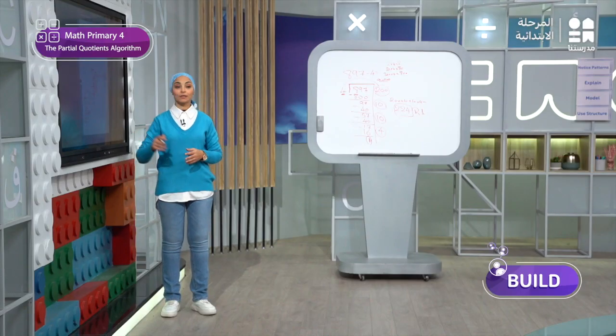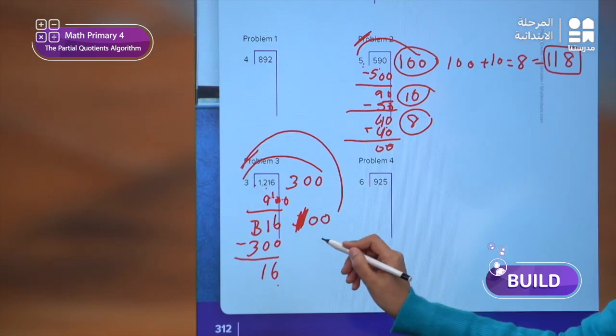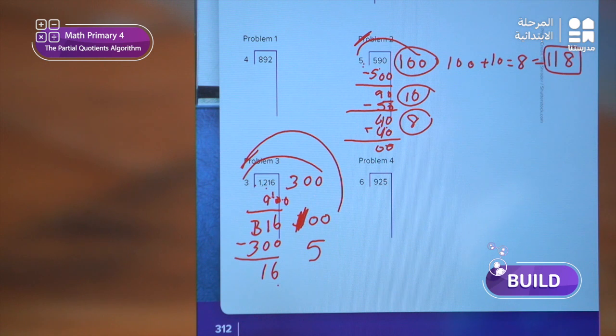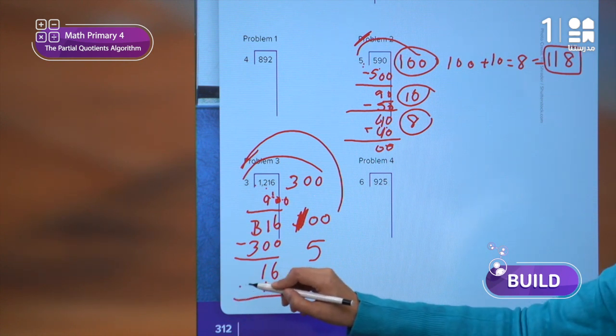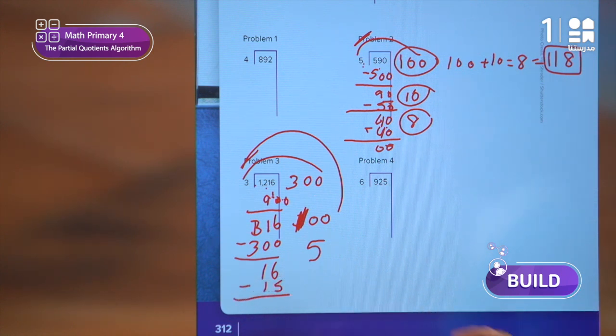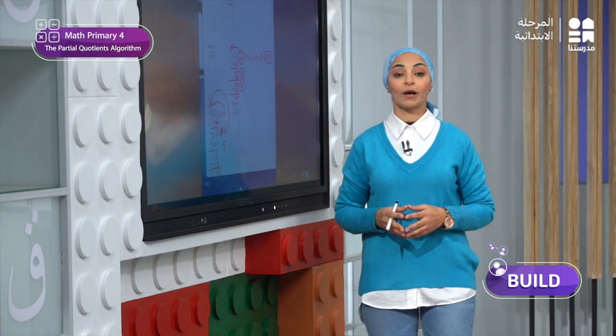Well, what should I write in the quotient? Yes, I will write 5 in the quotient. So I will write 5 here as part of the quotient. And I will write 15 where? Under the dividend. Then what will I do? I will do subtraction. Of course, 16 minus 15, the answer will be 1. This will be my remainder.